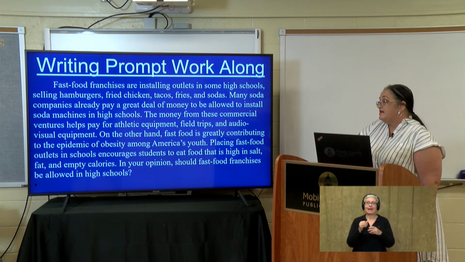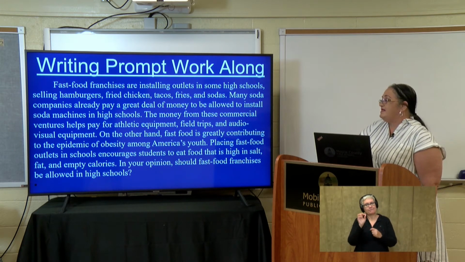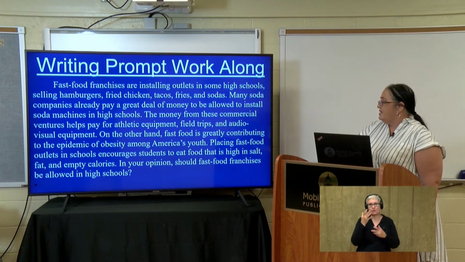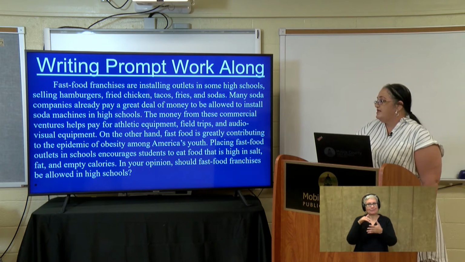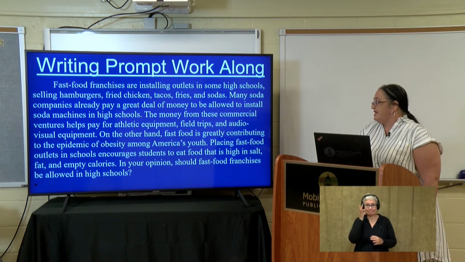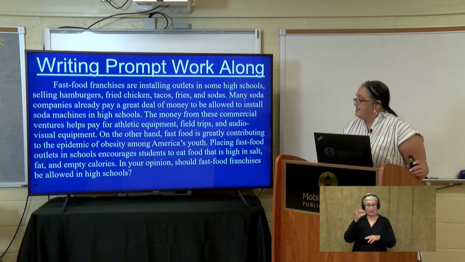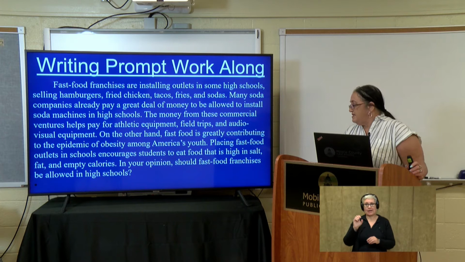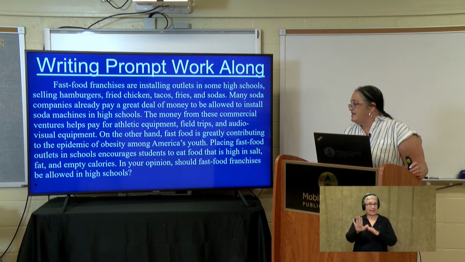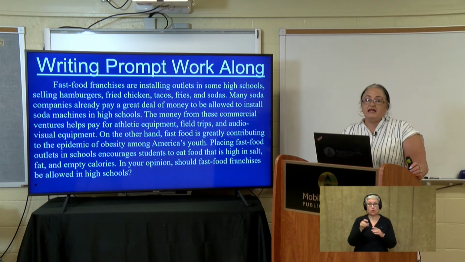On the other hand, fast food is greatly contributing to the epidemic of obesity among America's youth. Placing fast food outlets in schools encourages students to eat food that is high in salt, fat, and empty calories. In your opinion, should fast food franchises be allowed in high schools?